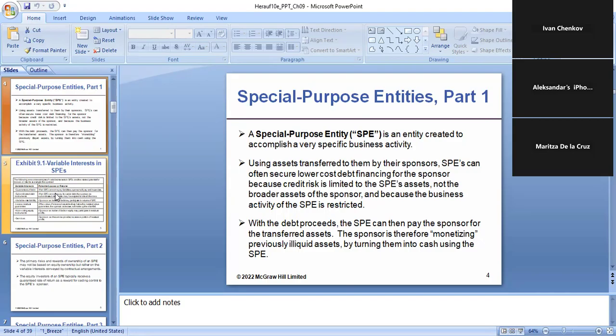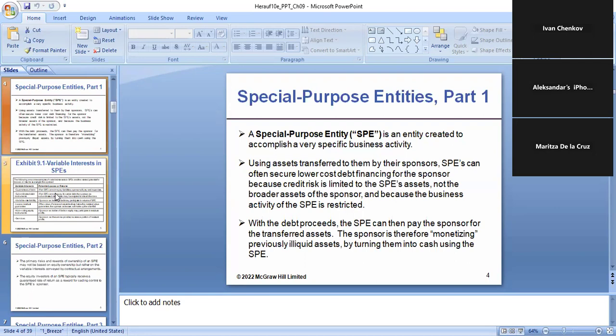Since it hasn't applied yet, this is an absolutely new legal entity, they would be able to obtain some low interest credits or favorable credits. Obviously, the specific purpose entity will be restricted on their activities. And with the debt proceeds, the specific purpose entity can then pay the sponsor for the transferred assets.